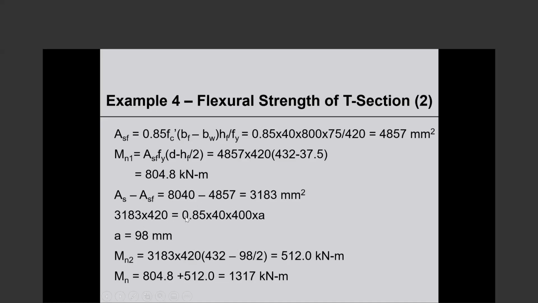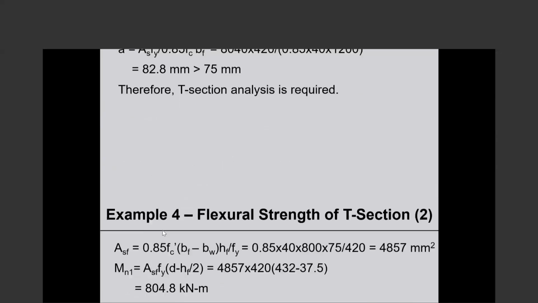We equate that to the compression concrete force, 85% of F sub C prime, 40 MPa, multiplied by the width of the beam, 400, multiplied by the stress block depth. That gives us a stress block depth of 98 millimeters.